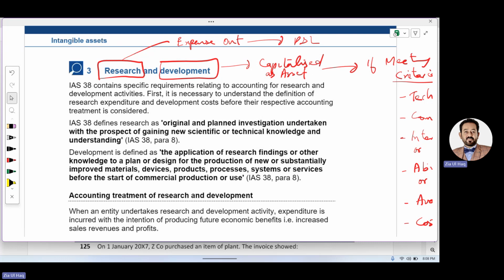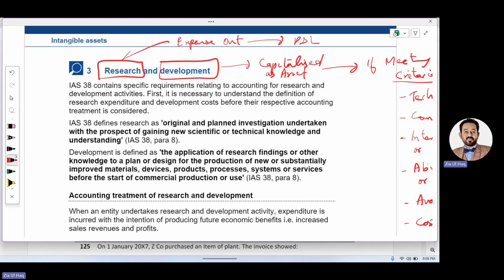If we have performed investigation, experiments, consultation with different scientists, but we haven't found any formula, then all that cost will be called research cost.